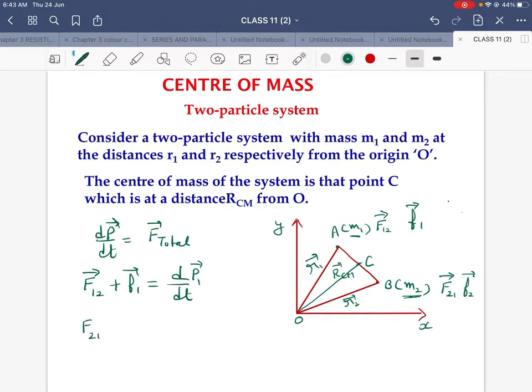Similarly, total force acting on particle having mass m2 is F21 plus F2, and it is also equal to rate of change of linear momentum of particle having mass m2, and let P2 is the linear momentum of second particle, this is linear momentum of first particle. Now add equation number 1 and 2.